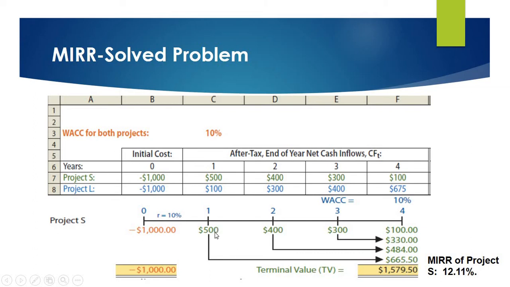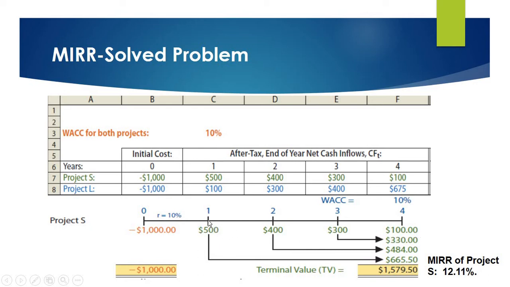This was calculated by 500 into 1 plus 0.1 to the power 3, because after this cash flow there will be 3 more years left for this project. So this is how it is calculated.